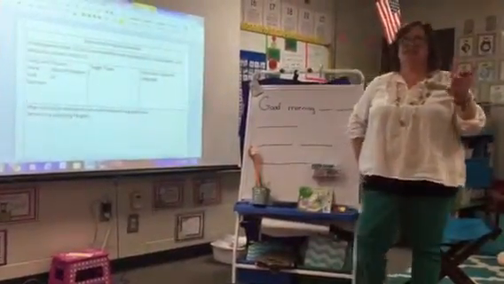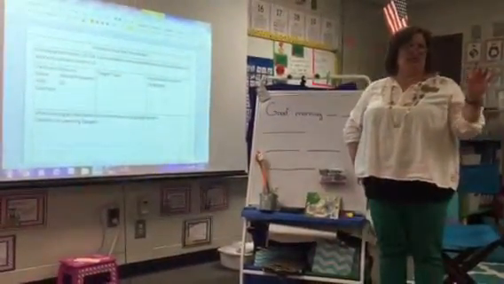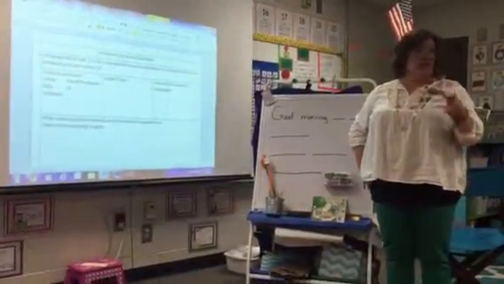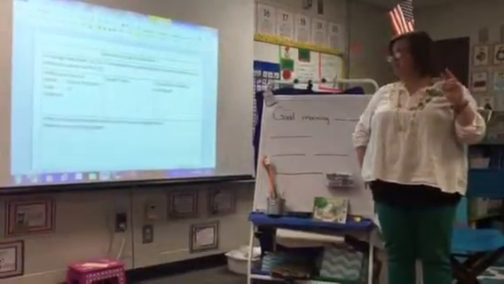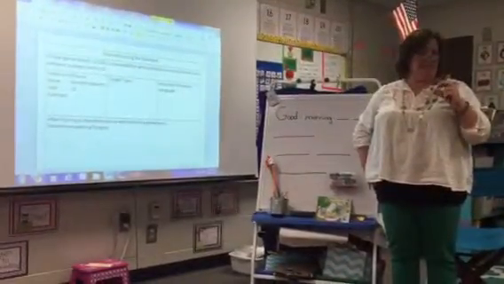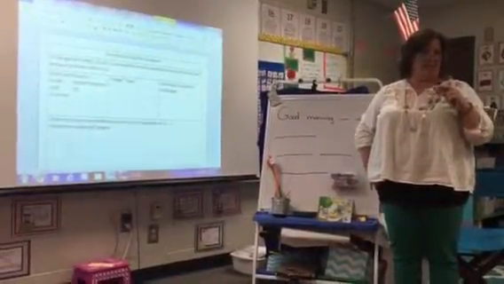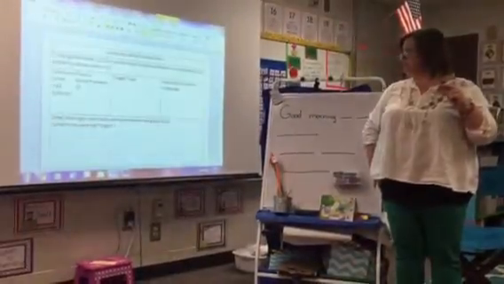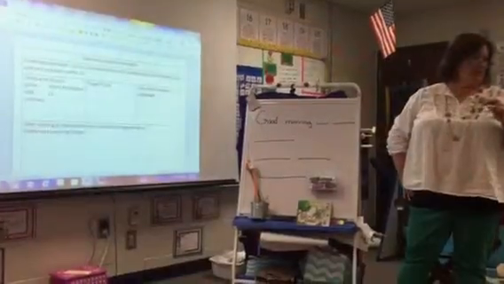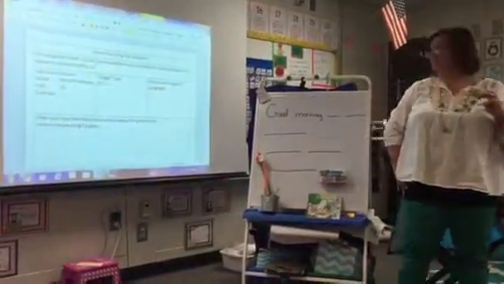Performance is where you have to actually perform something. And then skill. So what do we think this would be? I think skill. They don't have to perform it for us to see that they know how to do it. We don't have to see it happening. So we agree, skill.